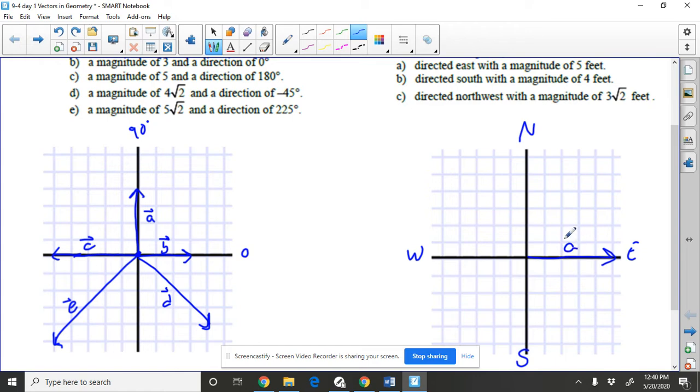That's vector A. B is directed south with a magnitude of 4, so I'm going 1, 2, 3, 4 down. That's vector B. And C is directed northwest, which if we just say northwest, we're going to assume is directly between north and west, with a magnitude of 3 square root of 2. So over 3 and up 3, there's my 45-45-90 with a hypotenuse of 3 square root of 2. That's C.